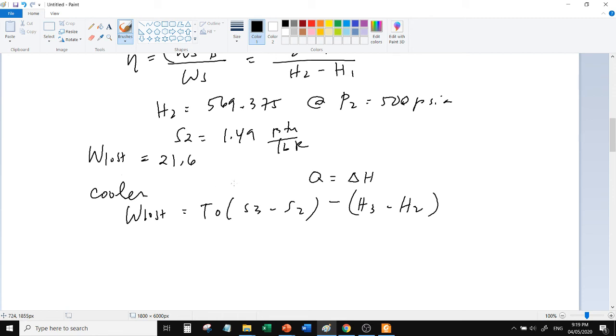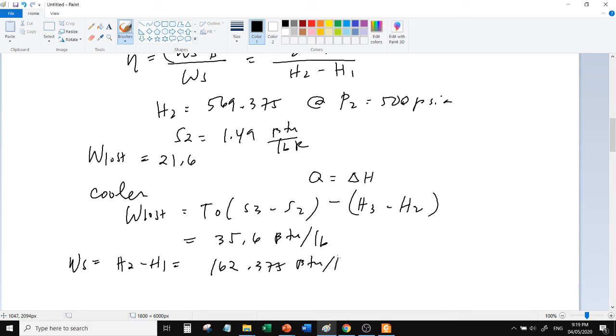Substitute everything because all of those are known. The work loss in the cooler is 35.6 BTU per pound. Okay? Finally, the work shaft is just H2 minus H1. For the compressor, it's 106, just substitute.